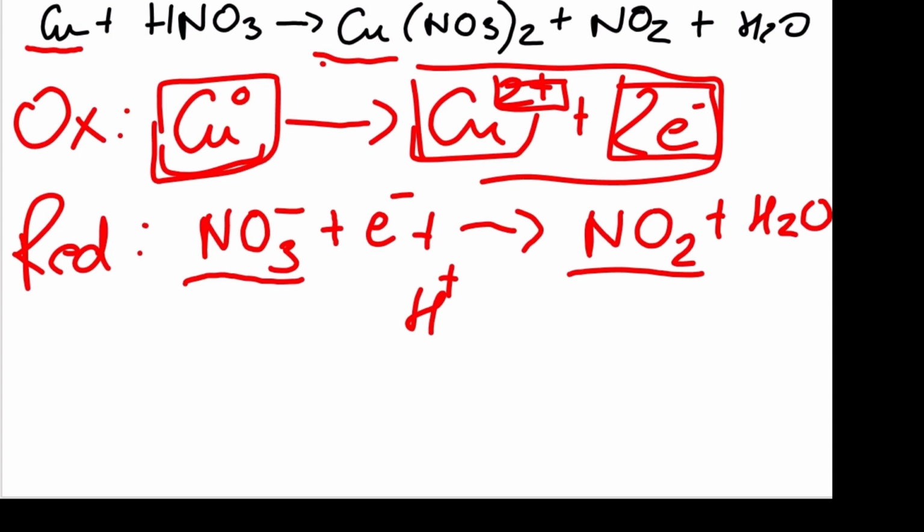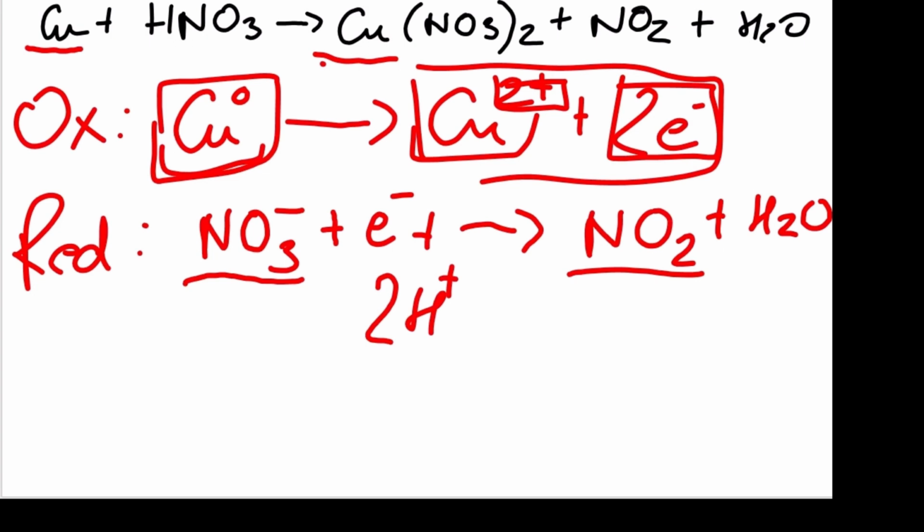What about the hydrogen atoms? On the right side we have 2 hydrogen atoms, on the left side we have only 1. So we need to put 2 in front of the hydrogen cation. Let's check the charge. On the right side, the net charge is equal to 0, because nitrogen dioxide and water particles are neutral.